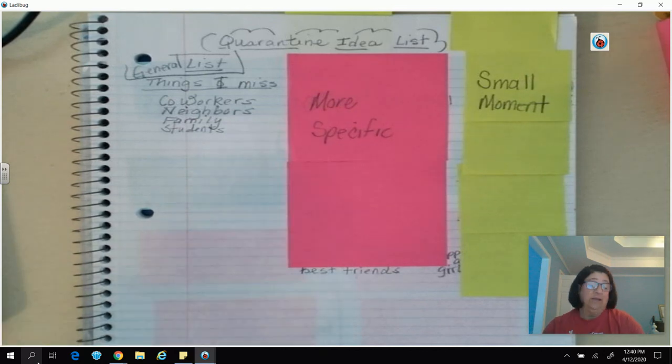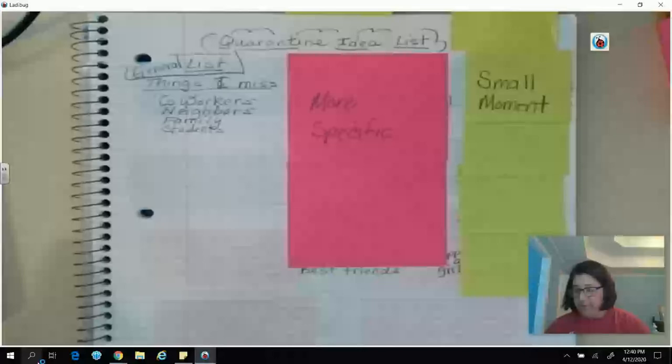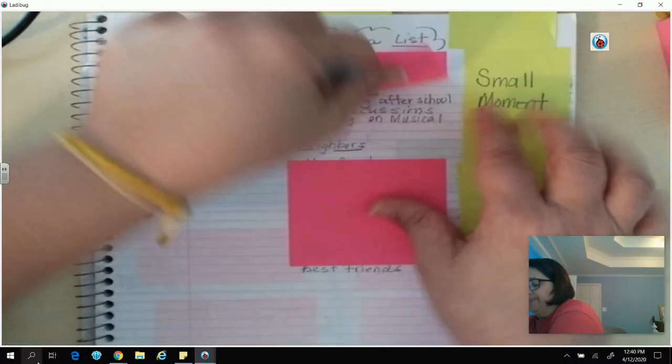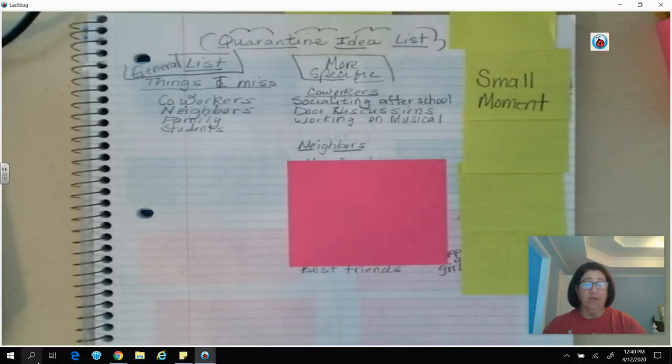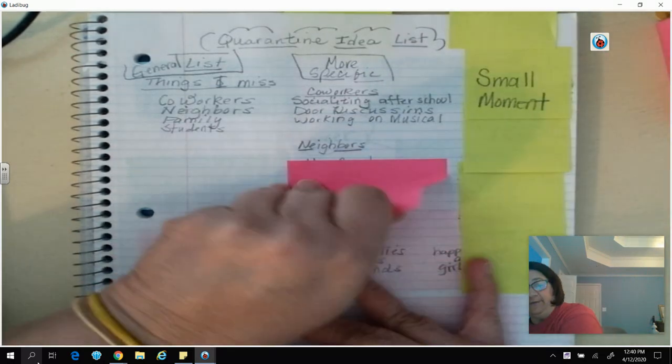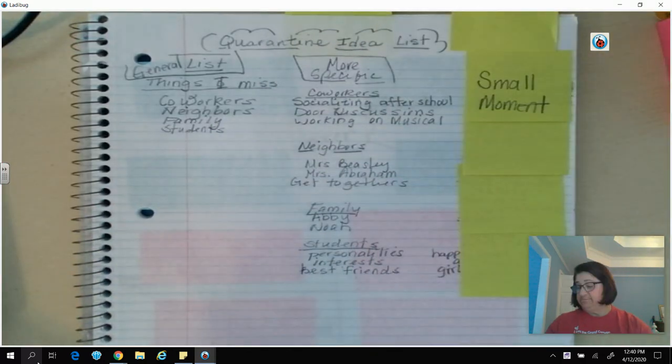I picked out specific people for right now. For coworkers, I thought about how we socialize after school. I thought about how Miss Brown and I have a door between us and our door discussions. I thought about how we were working on the musical and the choreography. Then I thought about my neighbors, Mrs. Beasley and Mrs. Abraham, and the things that we do when we get together.